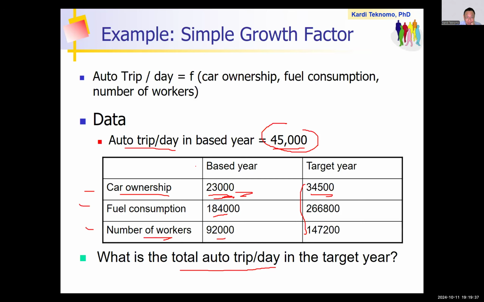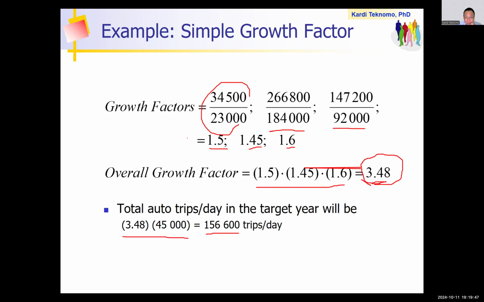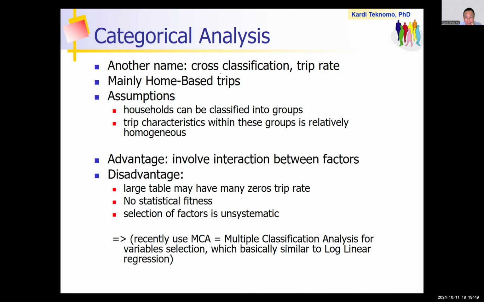Next, the second trip generation method is called cross classification or categorical analysis. This is basically trip rate, but this is mainly home based.